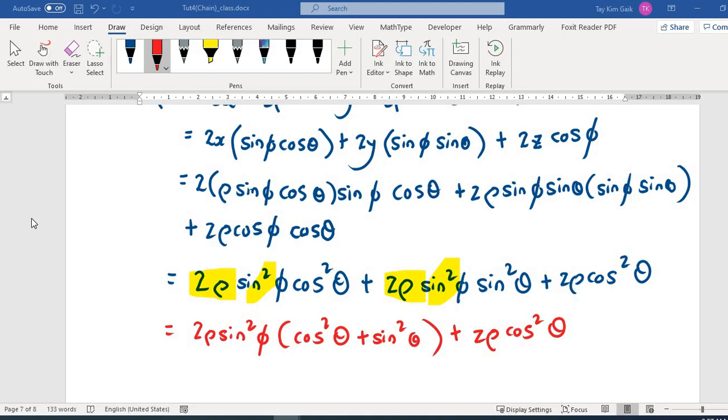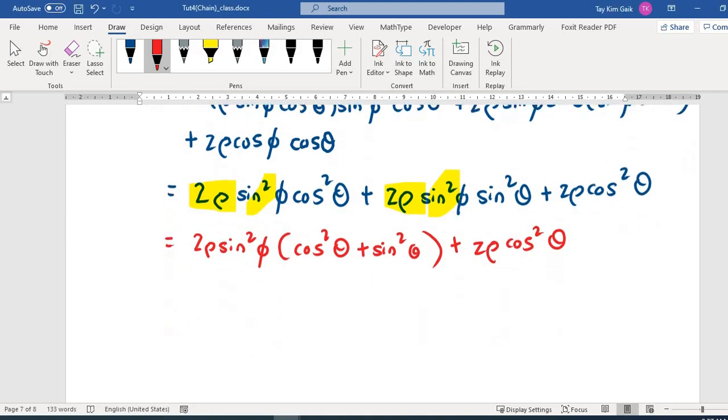Okay, cos squared theta plus sin squared theta, the answer is 1. That's why you have 2 rho sin squared phi times 1, plus 2 rho cos squared theta.